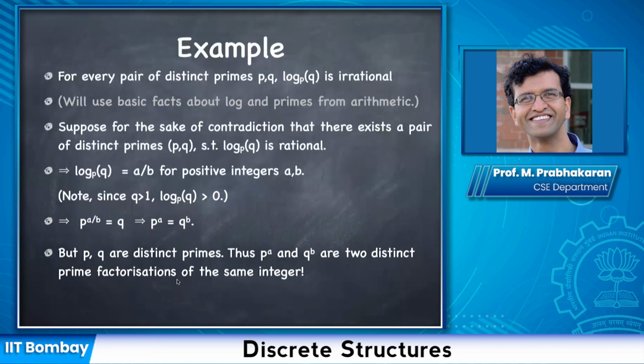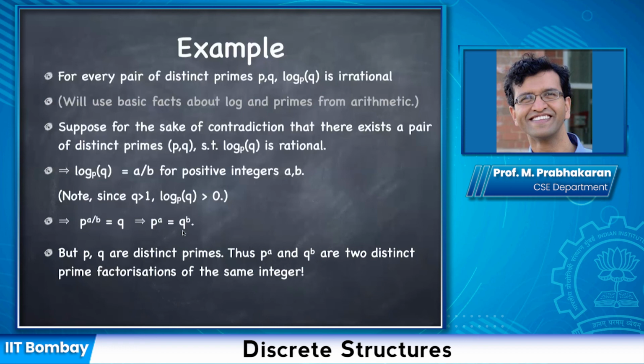So that is two distinct prime factorizations of the same integer. Remember, p and q are prime numbers, so you're basically writing a prime factorization of the number as the same prime number multiplied a times together, and here another prime number multiplied b times together. Okay, so these are two distinct prime factorizations.